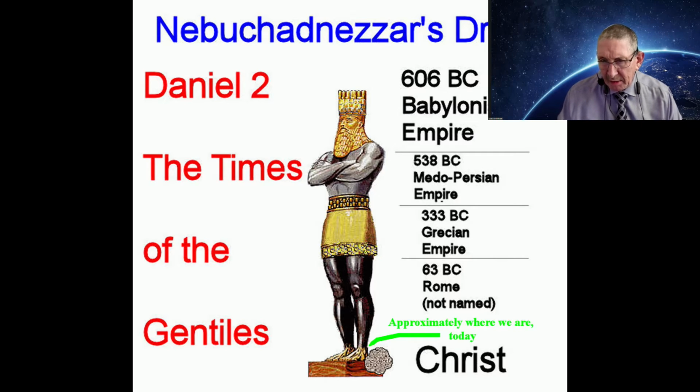And then 63 BC, and it doesn't show in this picture, but the Roman Empire was in 2 sections, and that's why you have the 2 legs. They're both of iron, and they represent the 2 parts of the Roman Empire, the eastern and the western. And believe it or not, the eastern portion lasted a lot longer than the western. The western kind of fizzled out, and it never really was taken over by anybody, neither one.